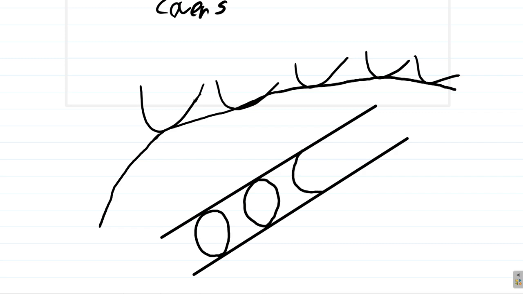So these two straight lines form the envelope, and these circles are the family of curves. Alright? Now they form the envelope. The straight lines form the envelope. Alright?